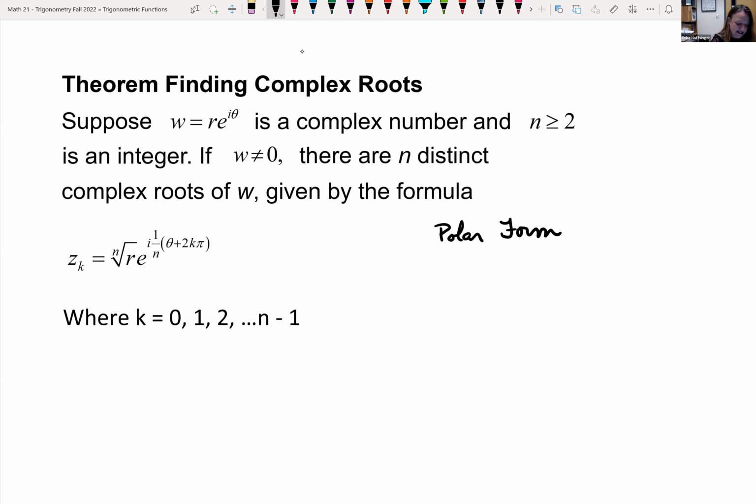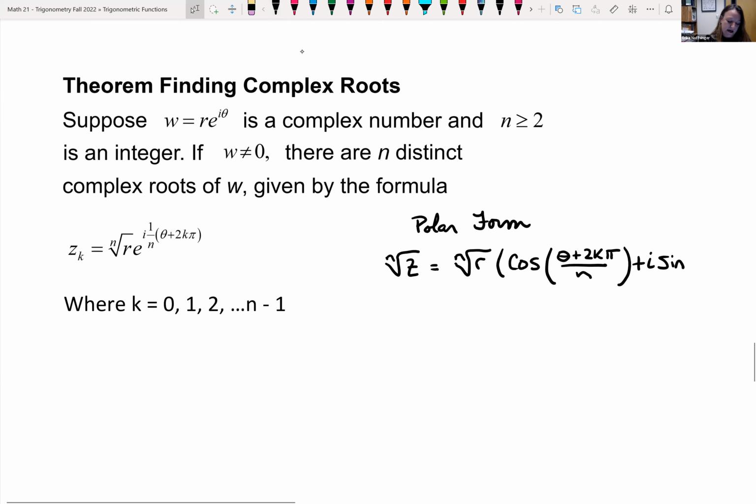If I'm looking at the nth root of z, this is equal to the nth root of my value r, all times cosine of theta plus 2k times pi divided by n plus I sine of theta plus 2k pi all divided by n.